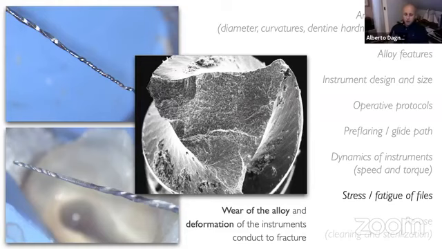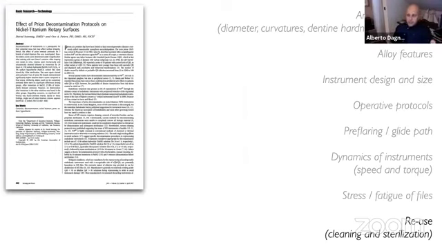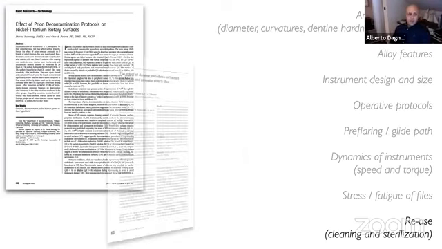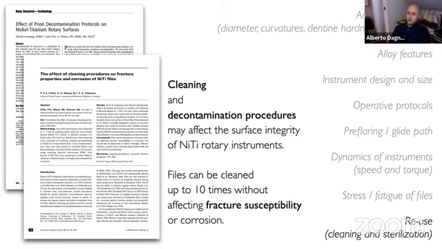So we have to control the use of the file, and discard it when the moment of discarding is reached. Considering that when we reuse a file, we subject it to chemical agents, cleaning and disinfecting solutions that may affect the integrity of the surface of the file.